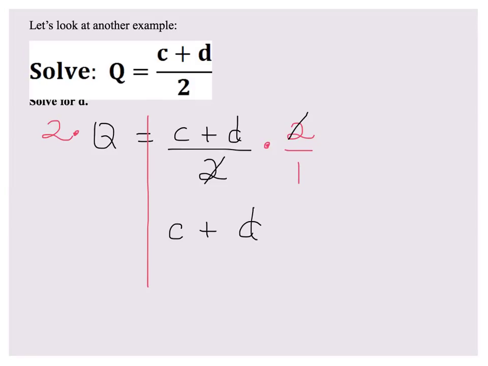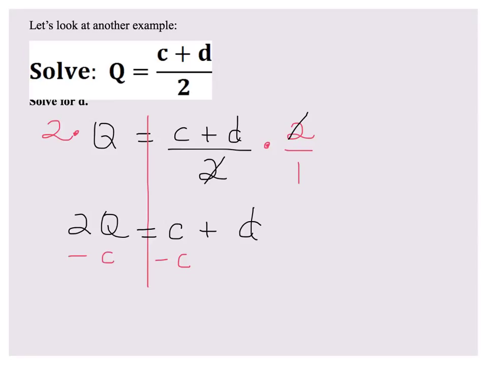And then over here, 2 times q is 2q. Now, our goal is to solve for d. We see that between the c and the d is addition, so the opposite of addition is subtract. So we're going to subtract c on both sides.